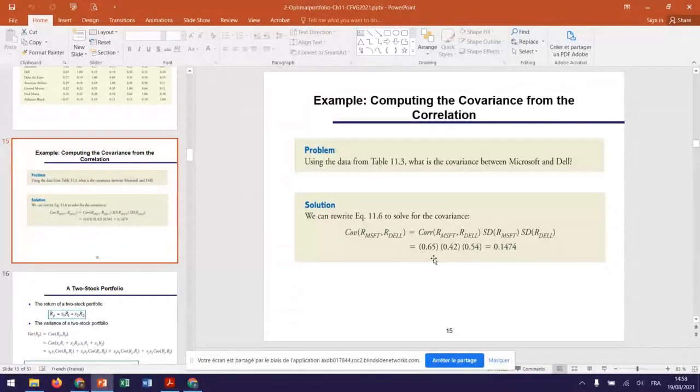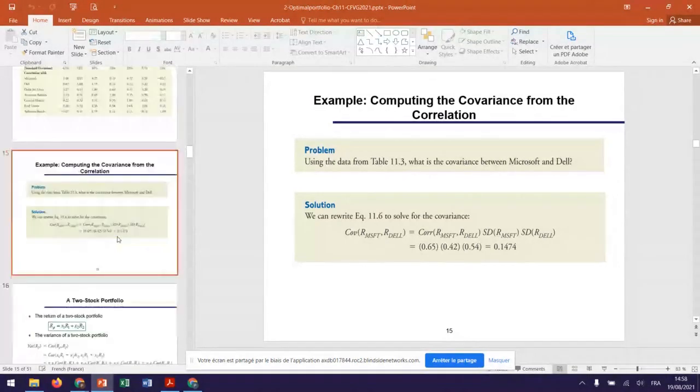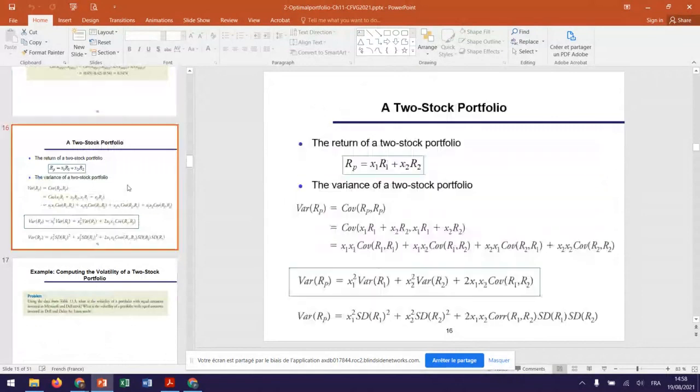All right, now let's derive a two stock portfolio. If I have only two stocks, stock 1 and stock 2, and I combine the two stocks together, I should be able to compute the return of this two stock portfolio.